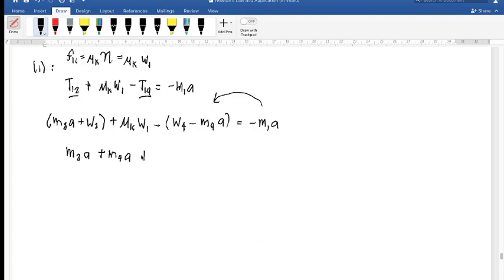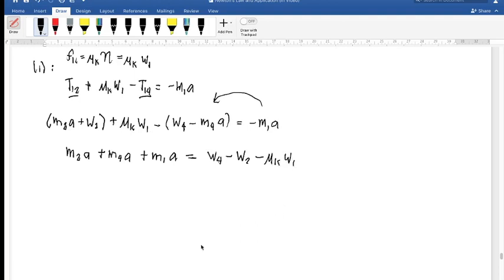So this becomes positive m1a, and that is equal to, here weight 2 becomes negative, negative weight 4 is positive when we move it to the other side. This weight 2 becomes negative, and this mu k weight 1 becomes negative also if we move it to the other side.